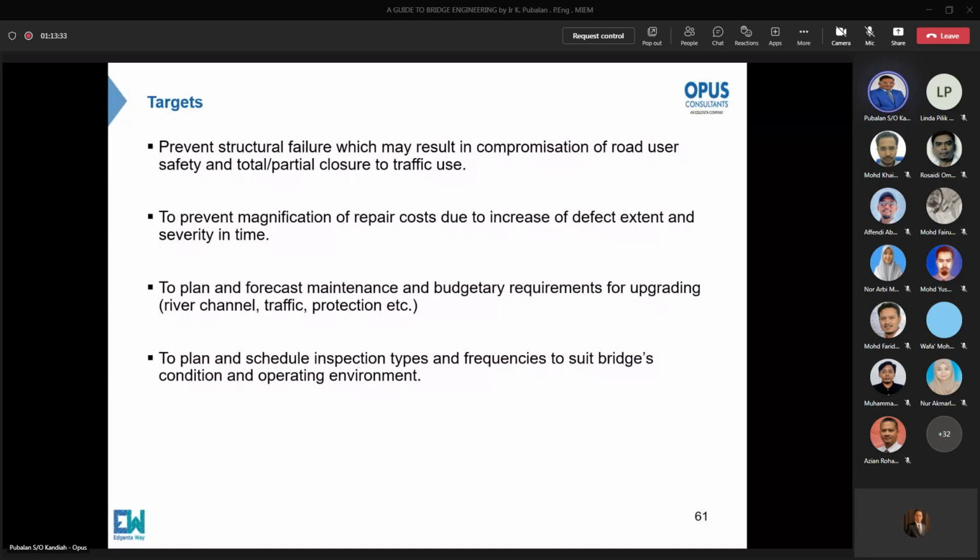As per the guideline, for the bridge inspection process, the bridge inspector must have some knowledge on bridge inspection. Generally, people who have diploma or certificate in civil engineering should be good enough to do the bridge inspection.